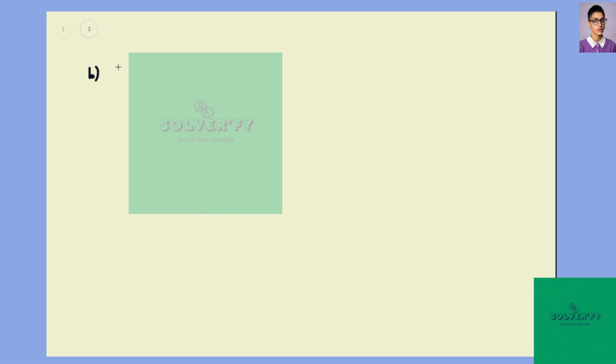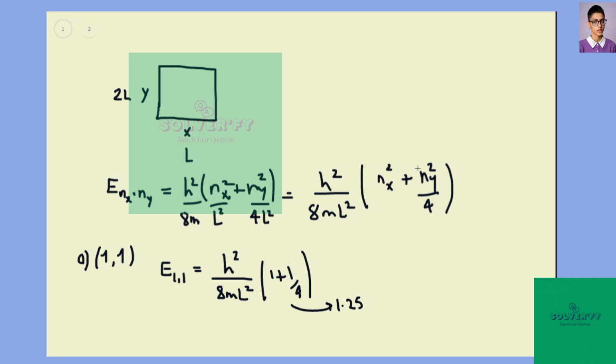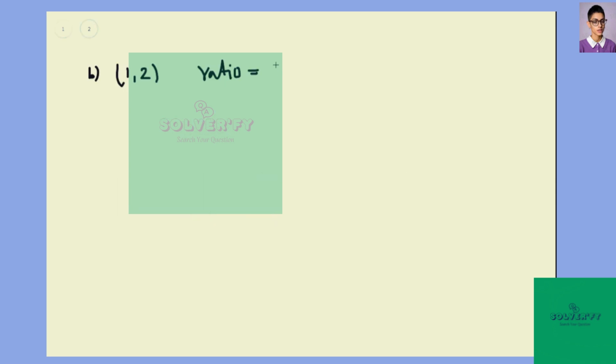So what is our ratio? The ratio is given just by this number, because h square over 8mL square is the common factor. So this is 1 plus 2 square over 4, which is 1 plus 4 over 4, and that is equal to 2.